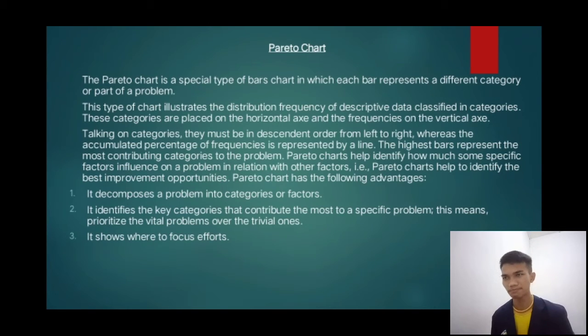This type of chart illustrates the frequency distribution of descriptive data classified in categories, and these categories are placed on the horizontal axis and the frequencies on the vertical axis. The categories must be in descending order from left to right, whereas the accumulated percentage of frequencies is represented by a line, and the highest bars represent the categories that contribute most to the problem.